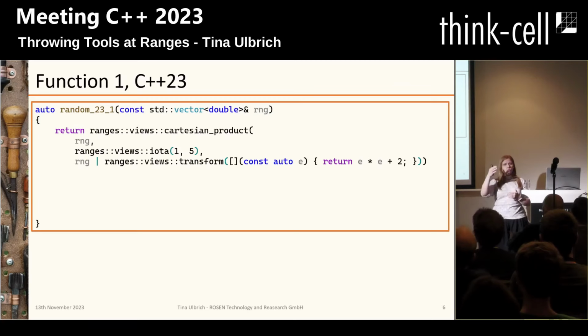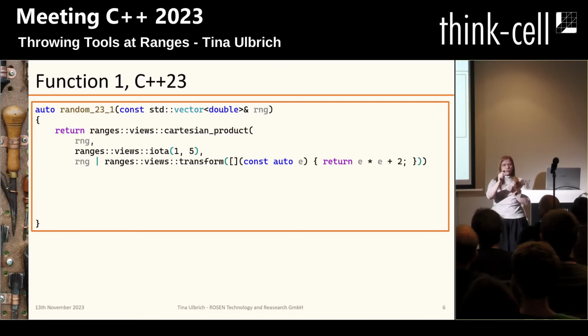So this is a nested loop of 3 containers. And as you can see, I'm just using the input range and modifying it a little bit for the innermost range. Cartesian product, as I said, is a view, and it creates a view of all of these combined elements.